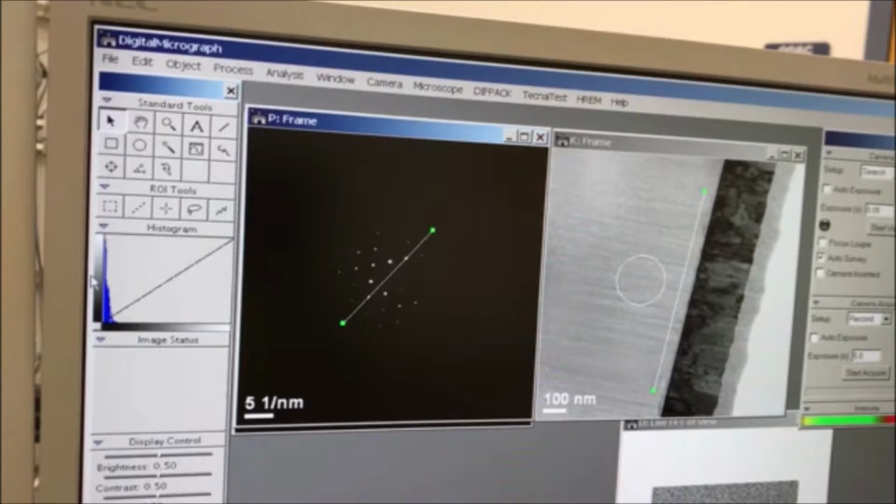So which of those rotations is the correct one? Well, if you're talking about a selected area diffraction pattern, then it really doesn't matter too much which one you pick. But if you're talking about, for example, a convergent beam electron diffraction pattern, then it becomes extremely important to make sure that you've properly selected the rotation angle.